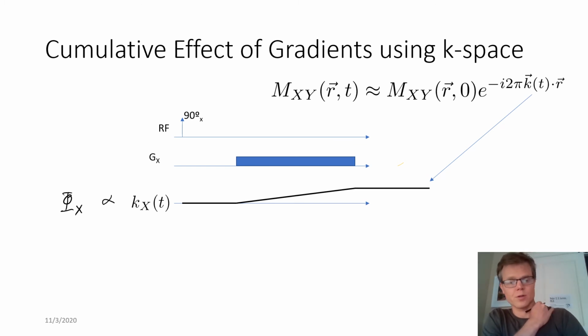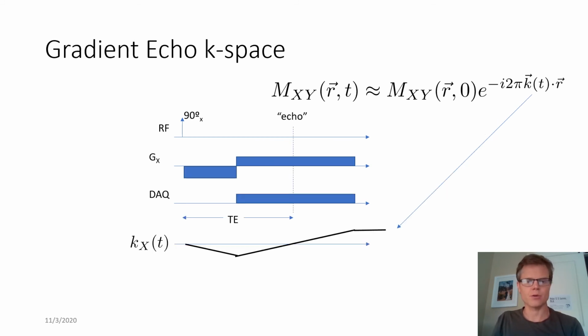This is proportional to our k-space location. So in the previous examples, particularly with the spin echo, we can simply replace phi of x by k of x, or ky, kz as well. And so here's the illustration of the gradient echo in k-space.